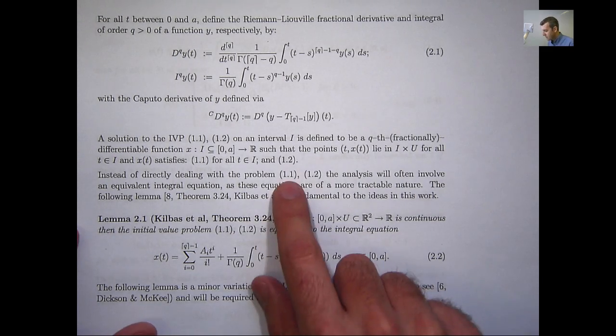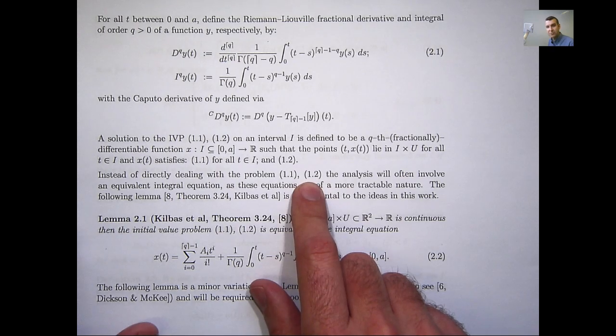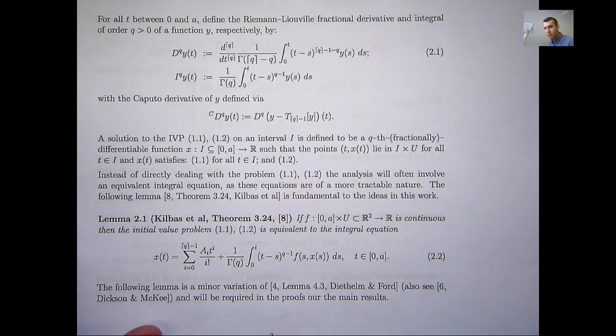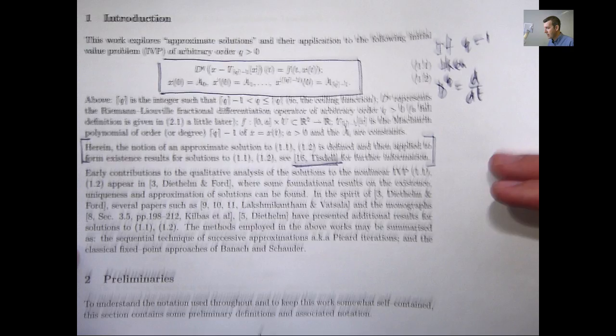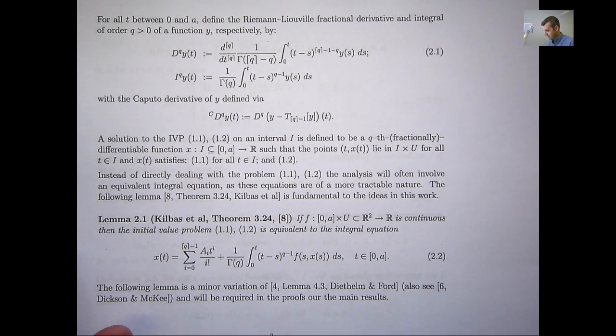Now, instead of dealing with the system 1.1, 1.2, a common approach in the theory of differential equations is to actually rewrite the original problem as one integral equation.